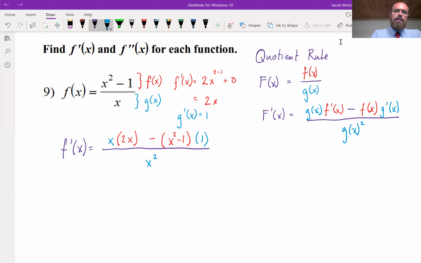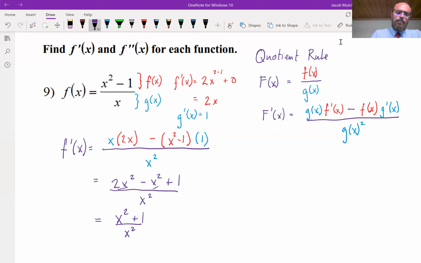So that we need to simplify. And that's going to give me 2x squared in the numerator minus x squared plus 1, all over x squared, which is going to give me x squared, if I combine those like terms, plus 1 over x squared.